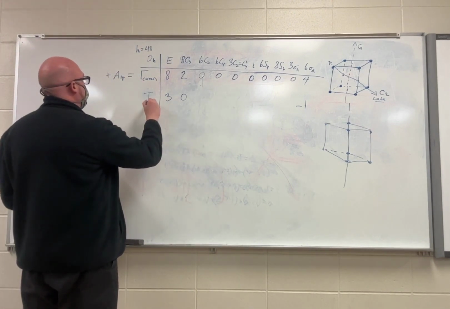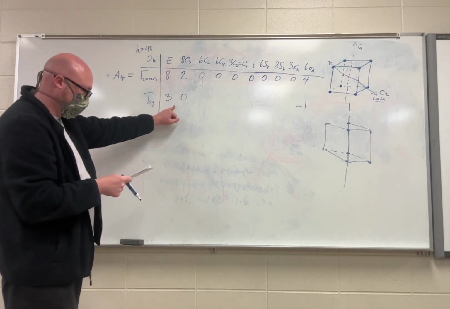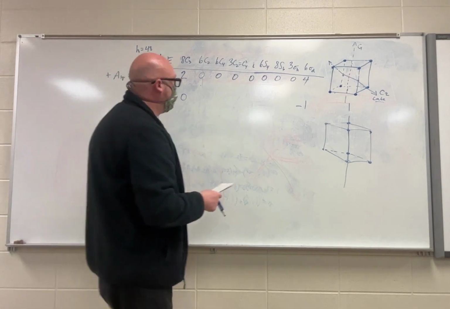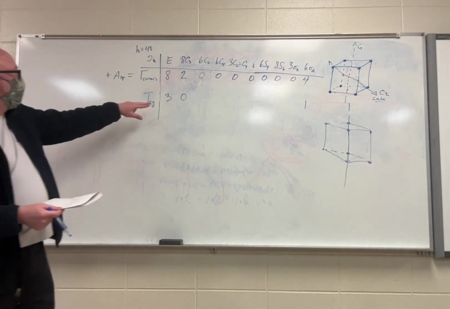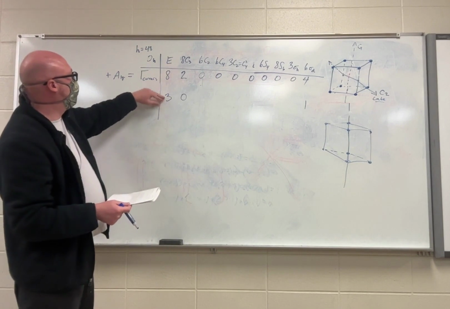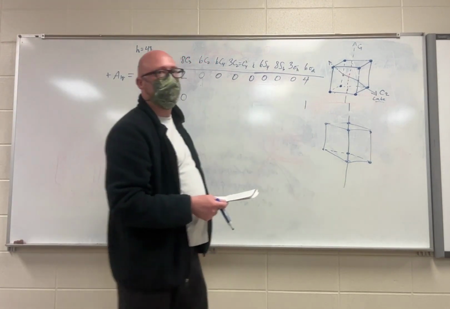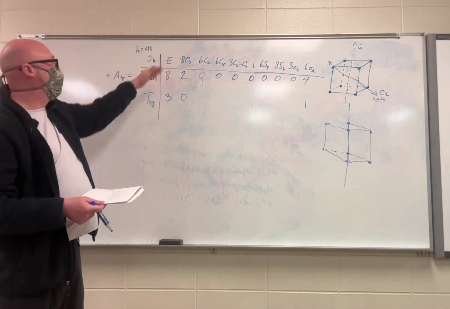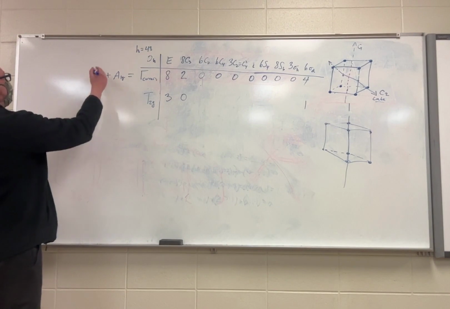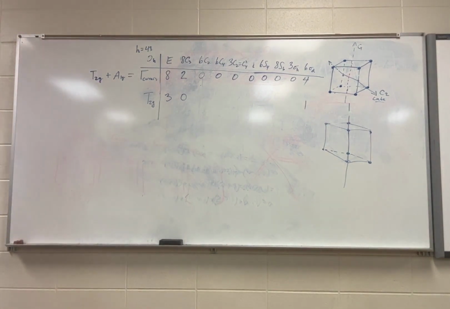If I go to T2G, the characters here would be 3, 0, and then plus 1 over here. And now, when I multiply this out, 3 times 8 times 1 is 24, plus 1 times 4 times 6 is 24. I get 48. Divide by the order of the group. So there is a T2G irreducible representation that we found.